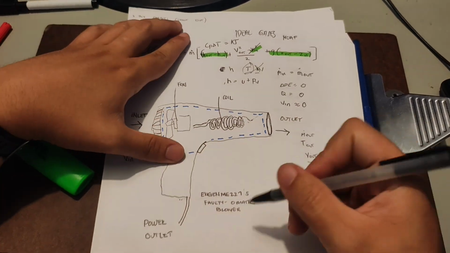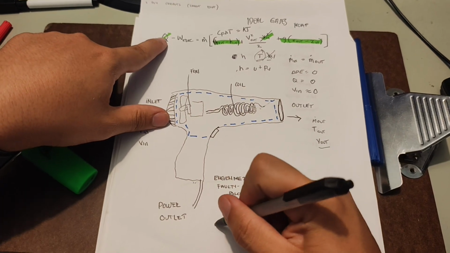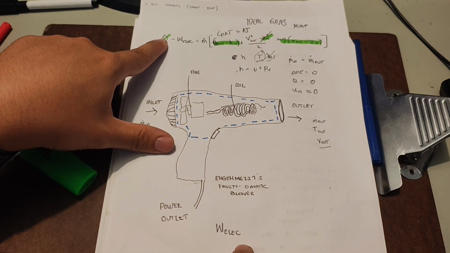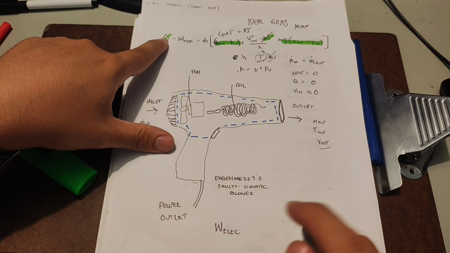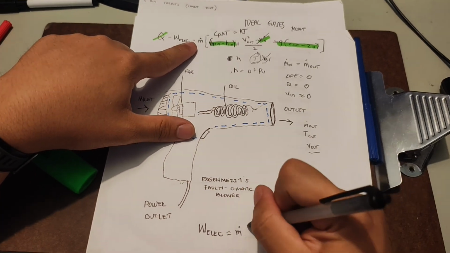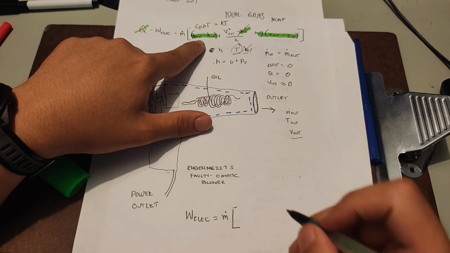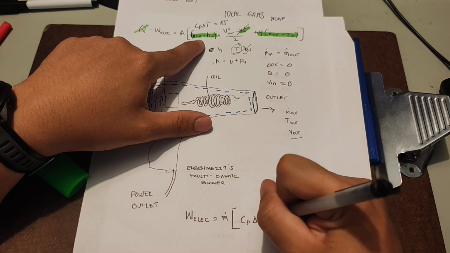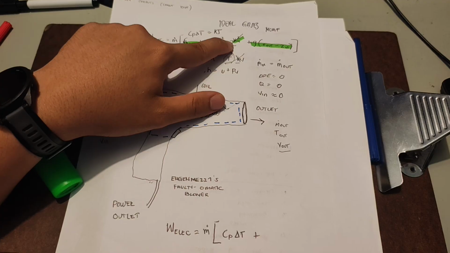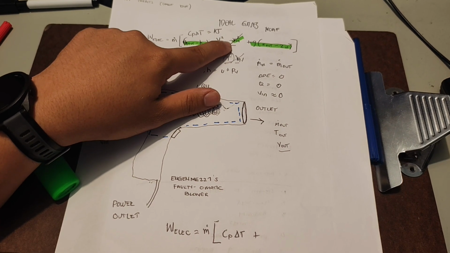So now let's write our final formula. What we have here is total work, which is with electricity combined, is equal to mass flow rate. We change our enthalpy to specific heat, so Cp delta T, plus we are not considering the velocity of the air coming in, since we consider the air as still or not moving.